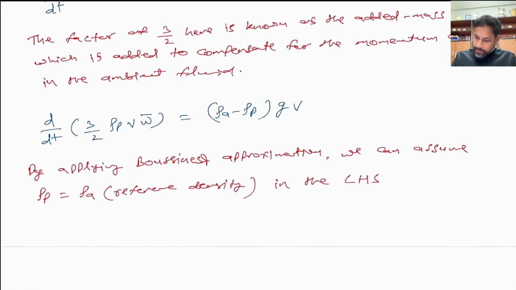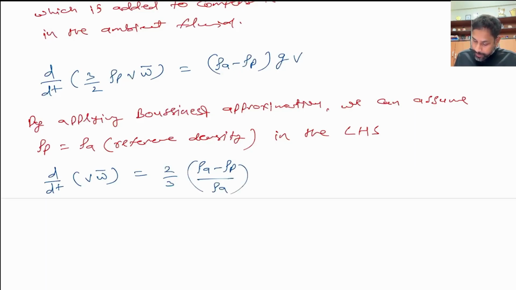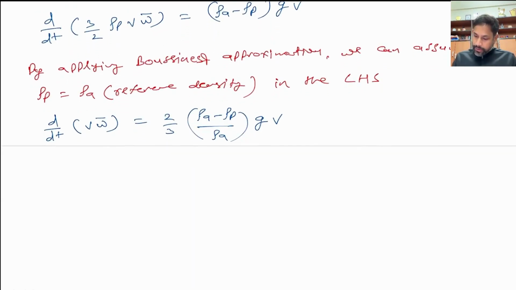So on doing this, we can actually pull rho P to the right, and this equation becomes d by dt VW bar is equal to 2 by 3 rho A minus rho P over rho A G V. Okay, and now you can figure out that this term that you have here is equal to G prime, right, which includes the G here.